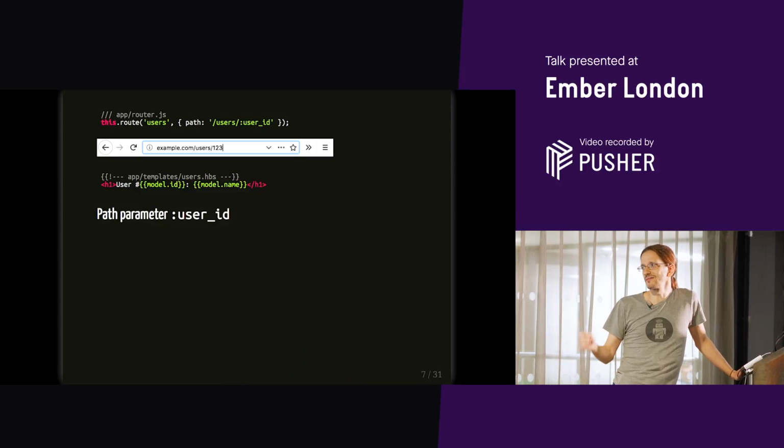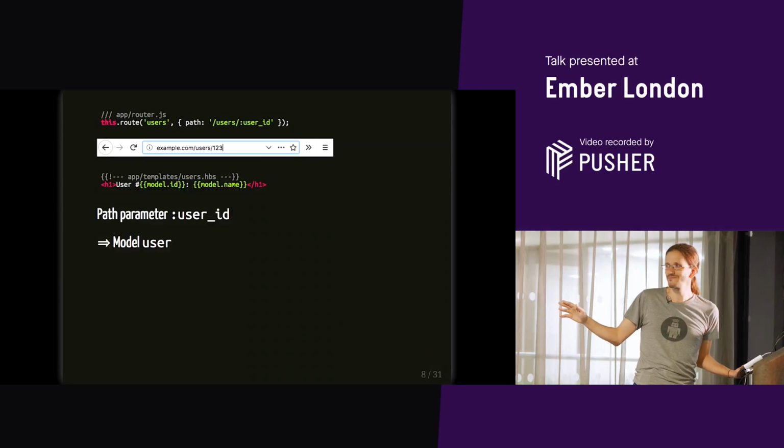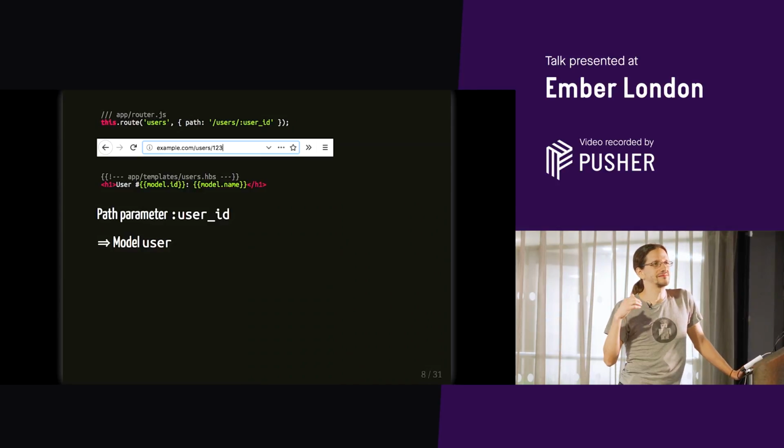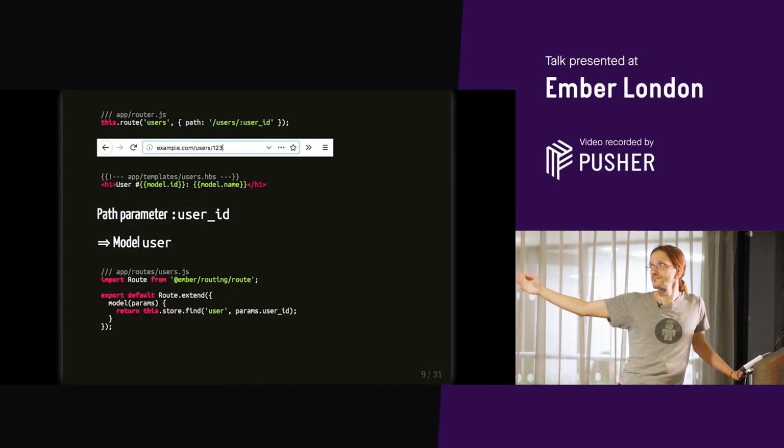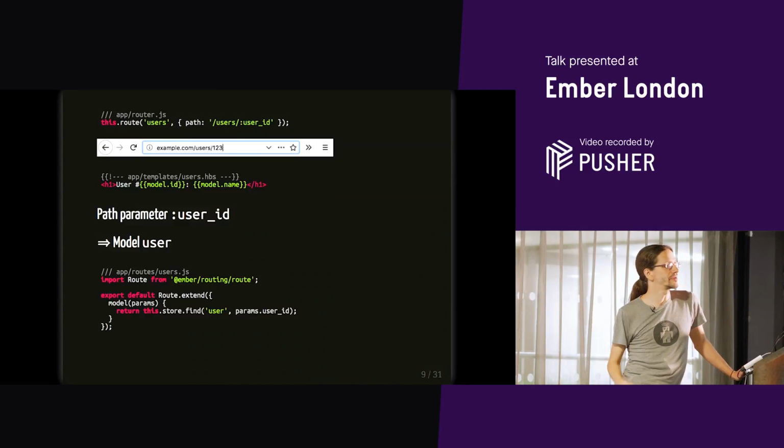And then it says, well, if it is something underscore ID, then the model is called something, and it provides a route module that looks pretty much like this one, right? It has figured out all it needs to know, so it will do this.store.find('user'), and it will use the parameter that was in the URL template to get that model.